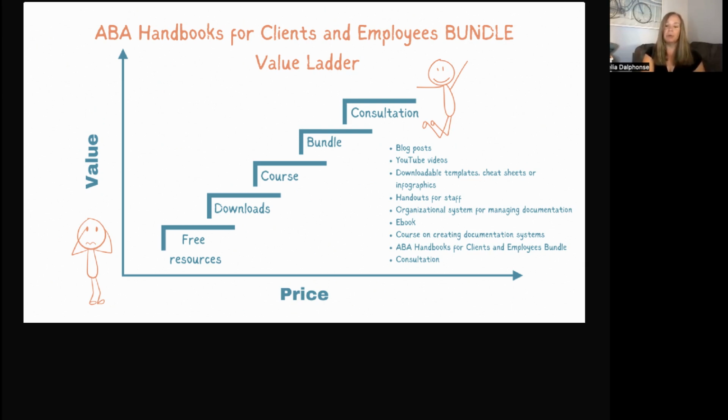You could create a course on creating a documentation system, or you could even create a membership to help BCBAs start their own ABA practices. You would then also include the ABA handbook for clients and employees bundle. And you could also provide consultation to BCBAs who are starting their own company.